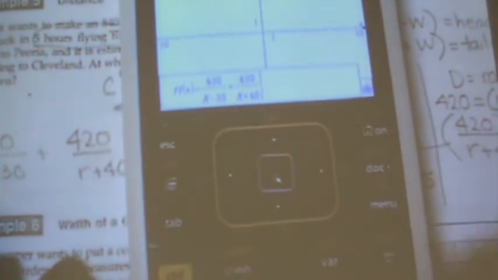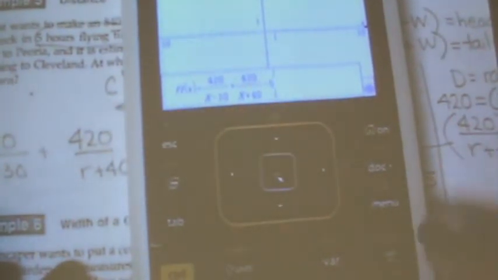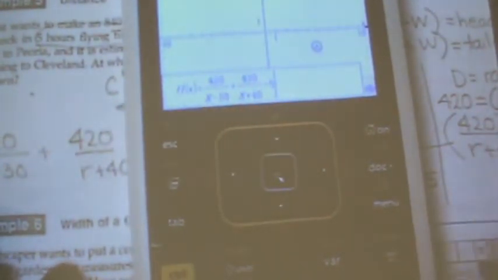I like X. X minus 30. And then plus, and then do another fraction. That's what's nice about this calculator, it's a lot cleaner. And then X plus 40. And then what are you going to type in? Equals 5. Good job. And hit enter.